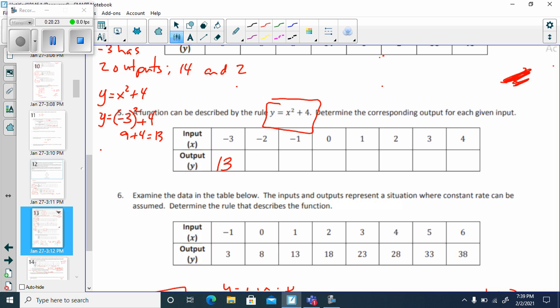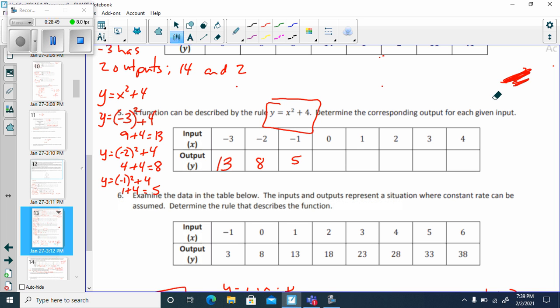Let's try negative 2. Y is equal to negative 2 squared plus 4. Negative 2 times negative 2 is positive 4. 4 plus 4 is 8. How about negative 1? Y is equal to negative 1 squared plus 4. Negative 1 squared is 1, plus 4 gives you 5.